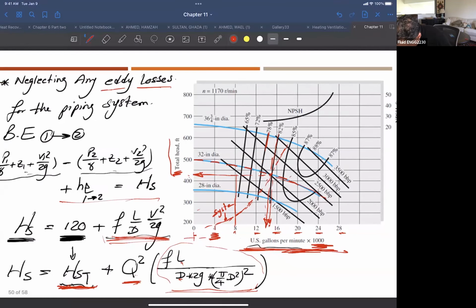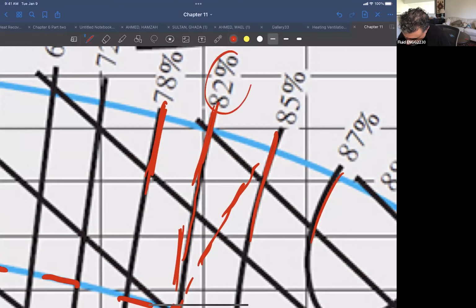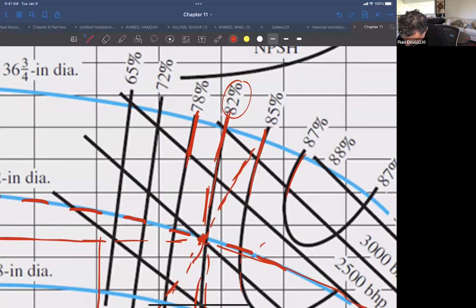So now I need to find out the line of efficiency that is representing this point. So this line here is 82, and this line is 78. So it's going to be some line in between, right?